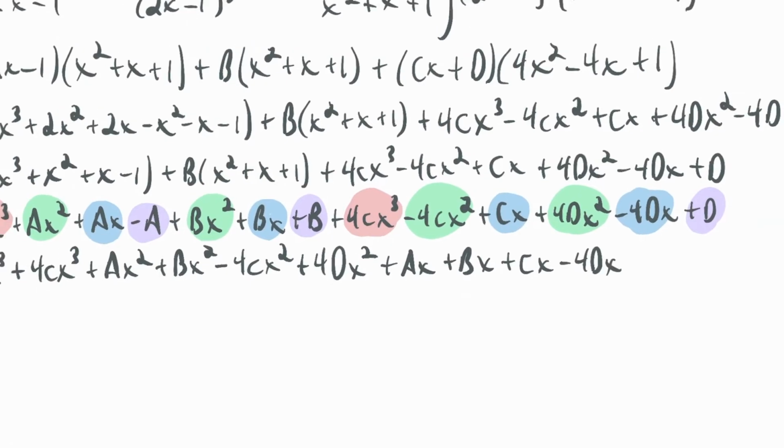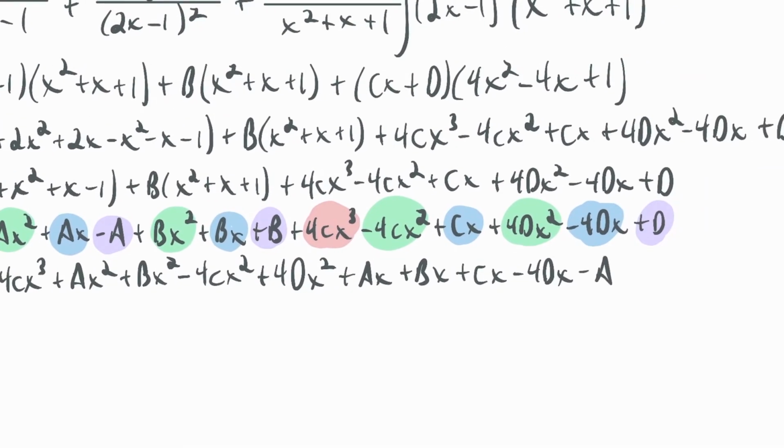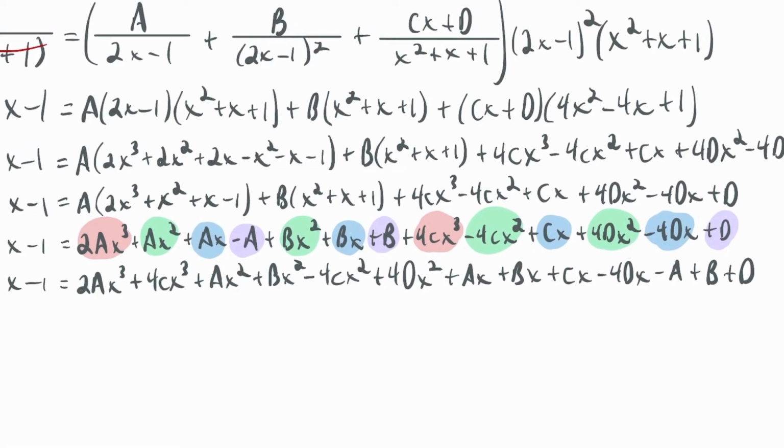Okay. And then the purple, so minus a. Sorry, can't write the letter A. There we go. Plus b. Can't write b either. Plus d. What I'm going to do is go back and put my highlighting back just to make sure I don't have any mistakes.